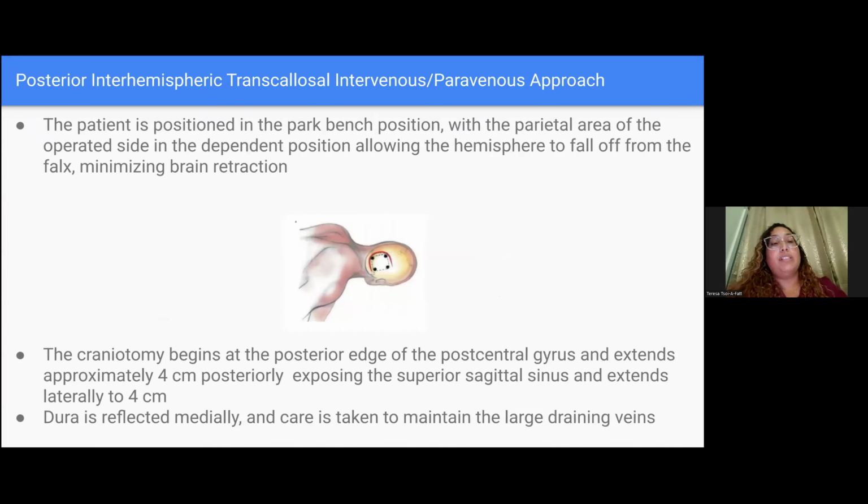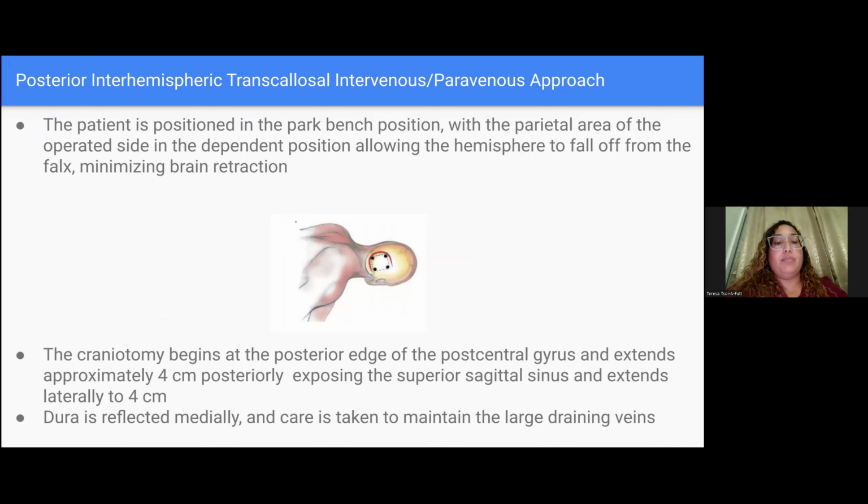Now, for the position for this approach, the patient is positioned in the park bench position as seen below, with the parietal area of the operated side in the dependent position, allowing the hemisphere to fall off from the falx and minimizing brain retraction.